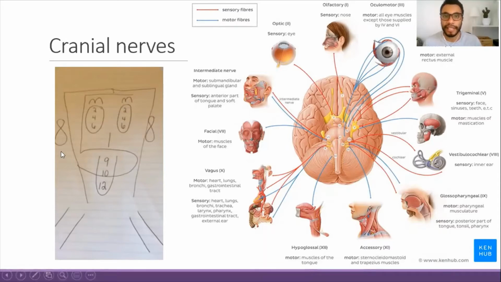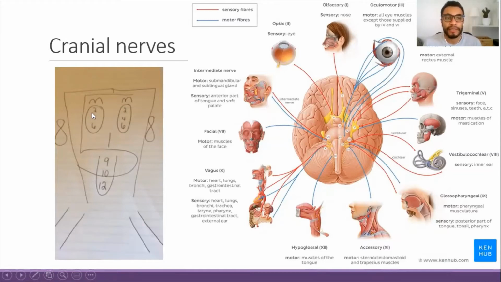First of all, number one: I draw here this face. You should remember this picture, and number one corresponds to the nose. Number one, nose, is related with smell. This is the olfactory nerve, which is only a sensory nerve, so the function is to sense the olfaction, or the smell.